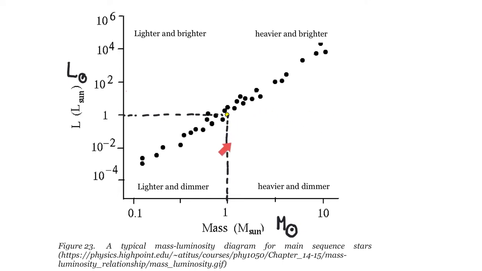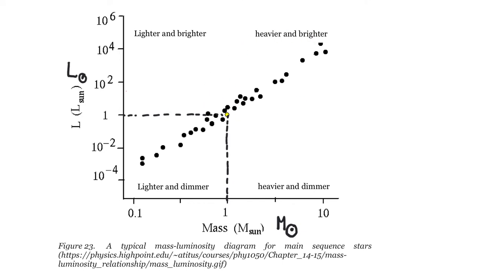In the bottom right, we have heavier stars, heavier than the mass of the sun, but they glow dimmer than the sun. And then here we have stars in the top right hand quadrant of this graph that are heavier than the sun and burn brighter. So one can look at this graph in 4 quadrants.